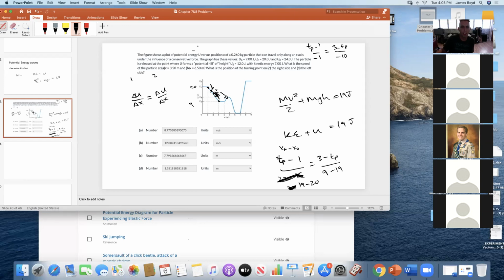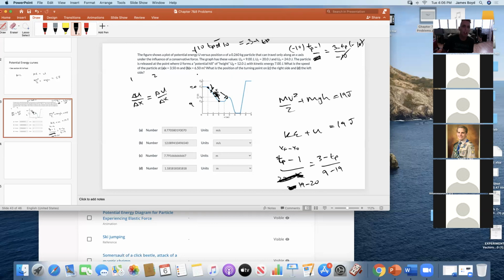Multiply that through, I get -10 TP plus 10. All I did was I multiplied by -10 on both sides. And I got rid of this, and this, and then I multiplied by a negative sign to get rid of this 1, which means this is positive and this is negative, is equal to 3 minus plus TP.